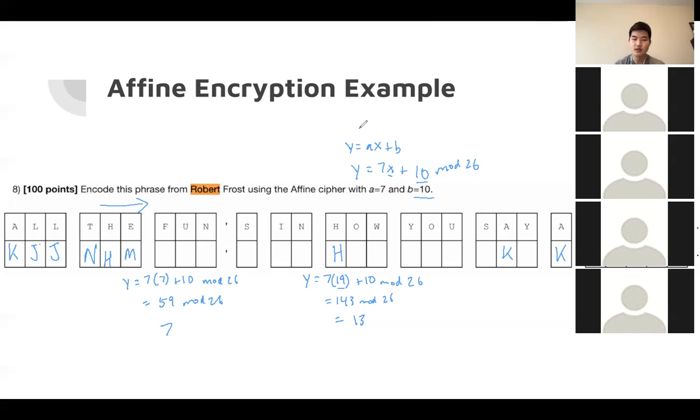I'm pretty sure it's G to A, because G is 6, so this would be 42 and this is 10, so that's 52 mod 26, and 26 times 2 is 52, so it goes in evenly and the remainder is 0. I to O: 56, 66, 52, yeah, I to O. F to T: 5, 35, 14, yeah.